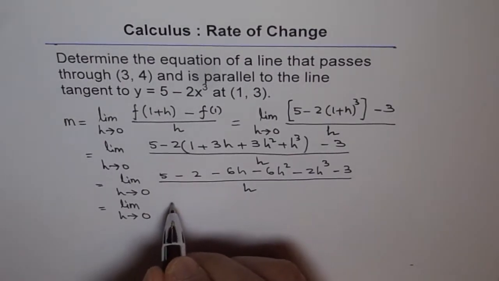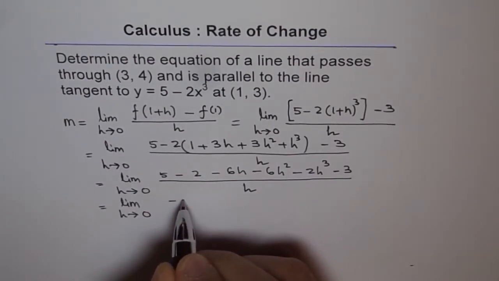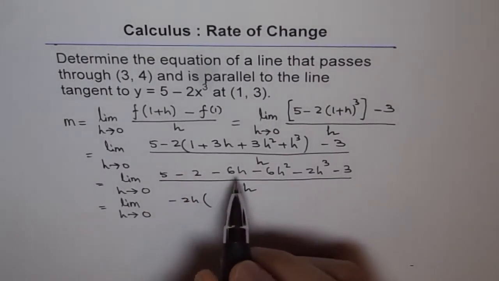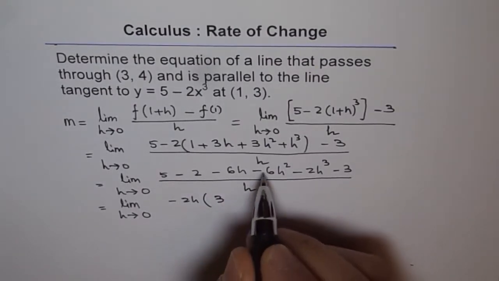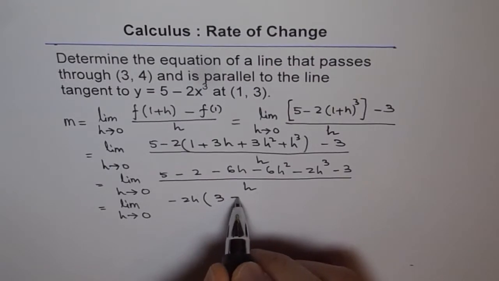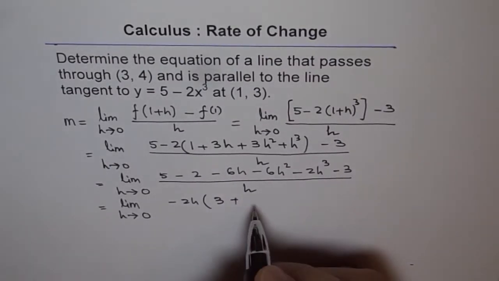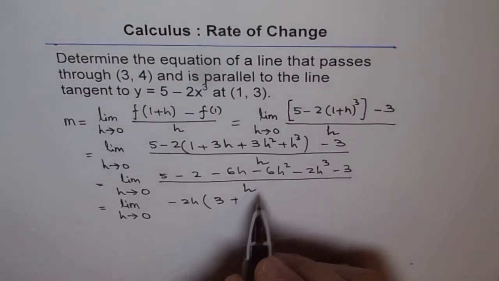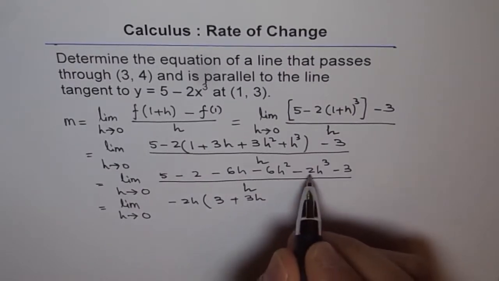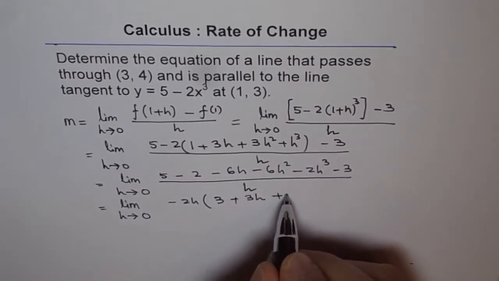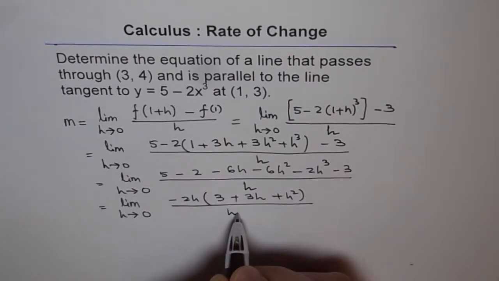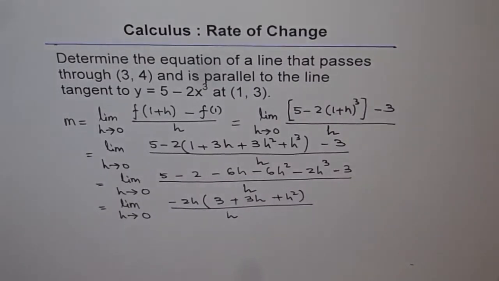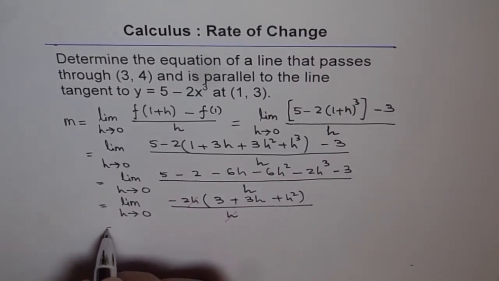So I am left with, if I divide by minus 2h, I get 3 here, and this will be plus, because the minus sign has been taken out, 3h, and this will be plus h², right, divided by h. And now h and h will cancel out. h divided by h is 1.